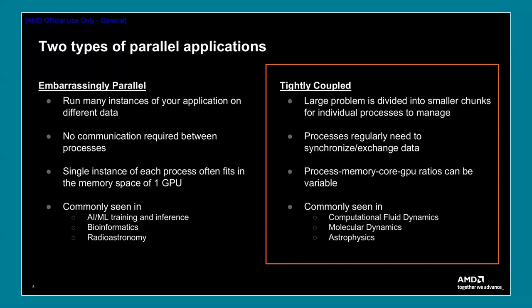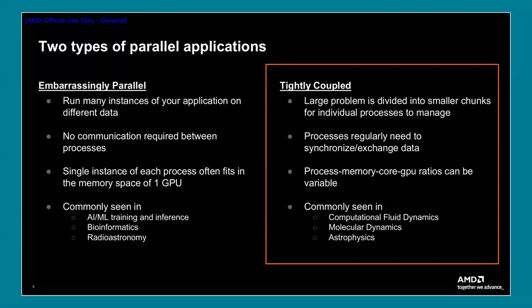Now we've talked a little bit about the hardware we're going to be working on. I do need to make a distinction here between the two types of parallel applications that you typically see on these kinds of systems. I like to think about it in two ways. On the left side here, we have what's called embarrassingly parallel, and on the right side is what we call tightly coupled applications.